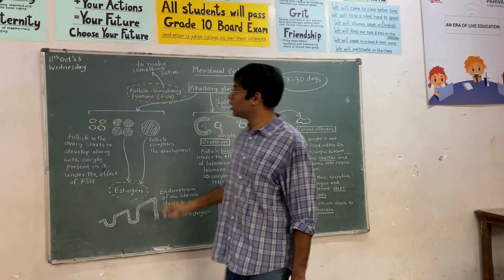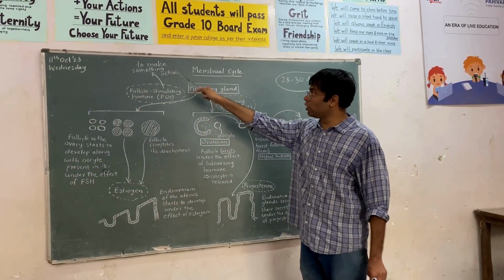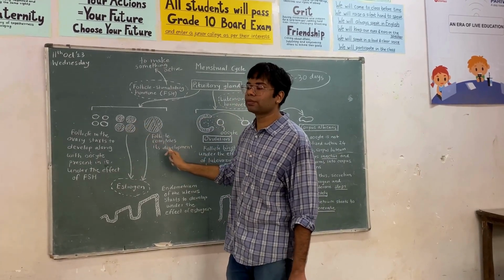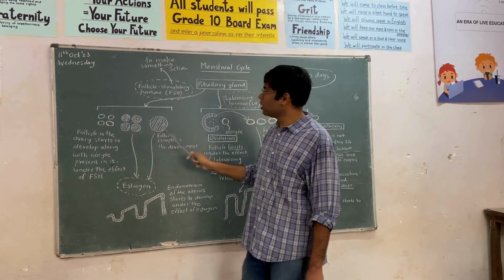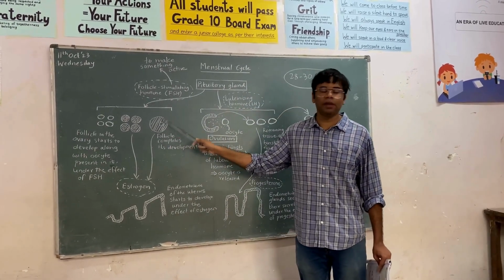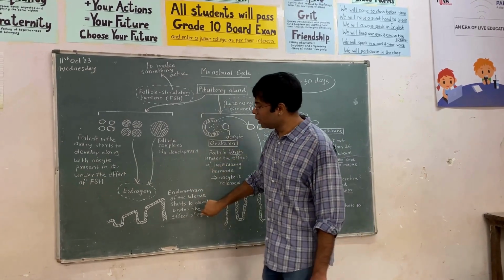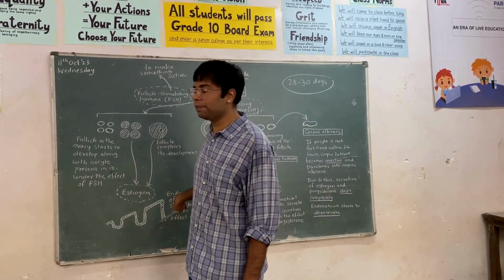Is that clear? Yes. The follicle stimulating hormone is making the follicle active and its development is happening. Once the follicle is developing, it is itself secreting estrogen. The estrogen is helping in development of the endometrium.